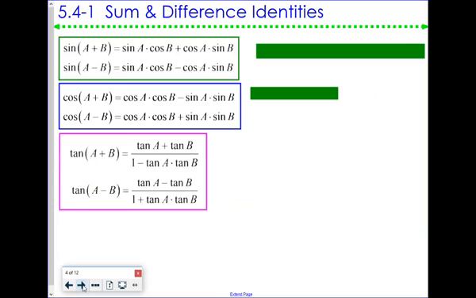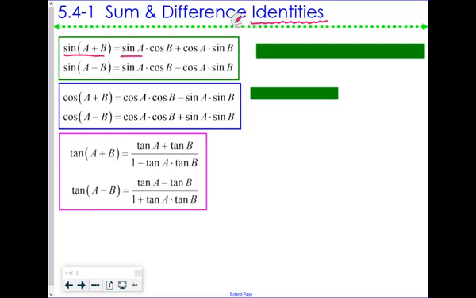What we're going to be doing today is Unit 5.4-1, Sum and Difference Identities. I'm going to want you to take a screen grab of this. You want these written out really nicely in your notes. These are identities. Remember what the word identities means. These aren't just equations. They are relationships.